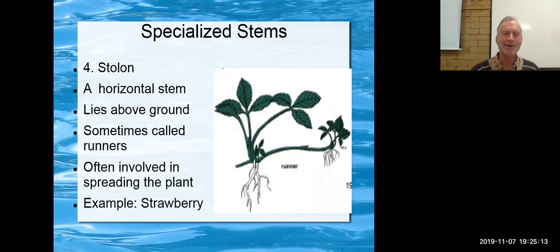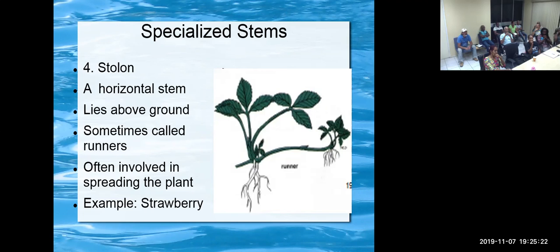I've never thought of a pumpkin being a stolon, but it does grow that way. Oh, like an elephant grass? So you can think of it as a node touching the ground and creating roots.